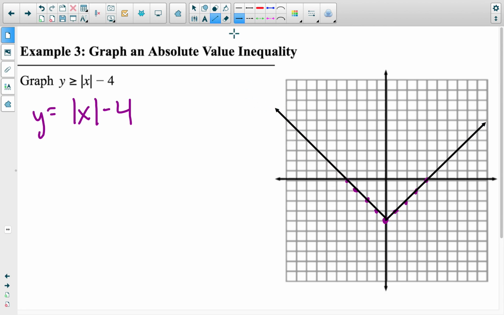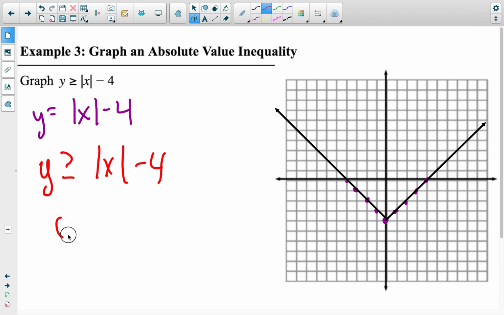And then are we going to shade inside this V shape or outside this V shape? If you're not sure, plug and check. So plugging and checking, I'm going to check my origin because that's really clearly on one side. So using the original equation, is 0 greater than or equal to the absolute value of 0 minus 4? That is our question.